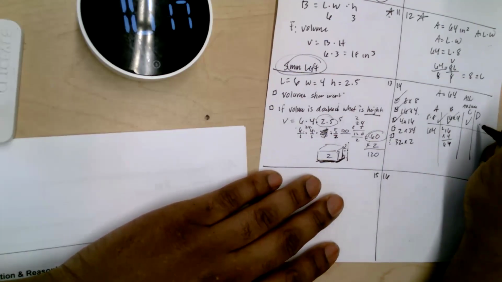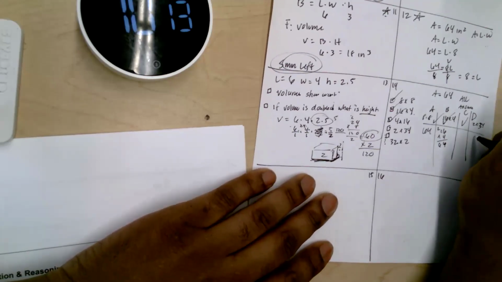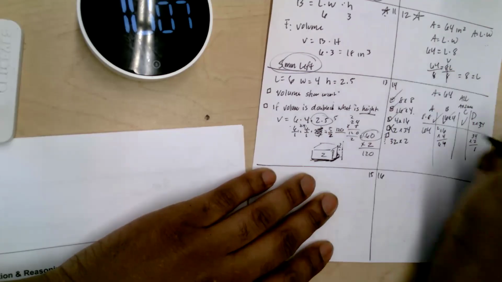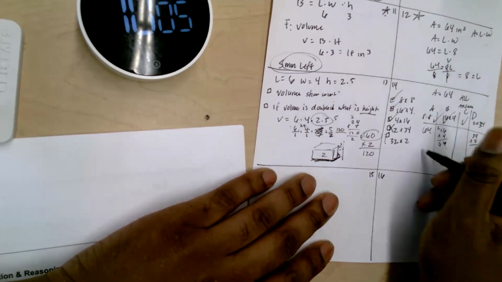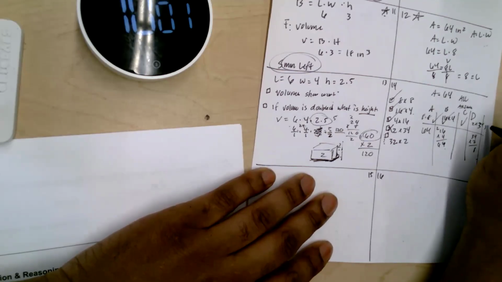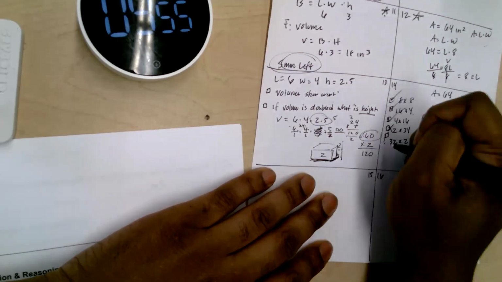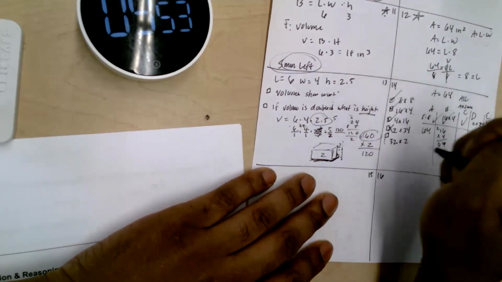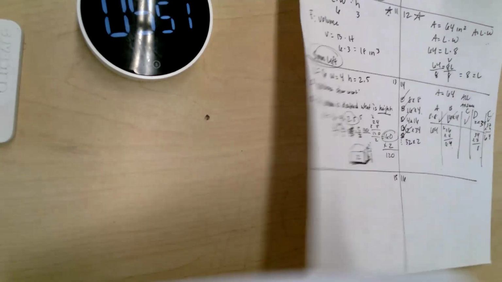D, 2 times 34, that's automatically wrong because it's 64 and has 8. E, 32 times 2. 2 times 2 is 4. 2 times 3 is 6. So A, B, C, and E.